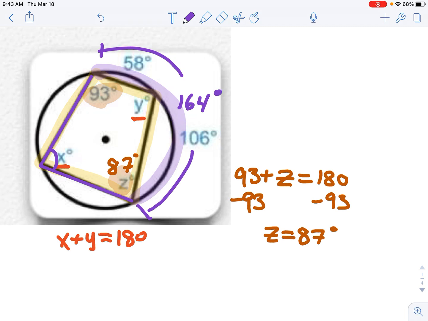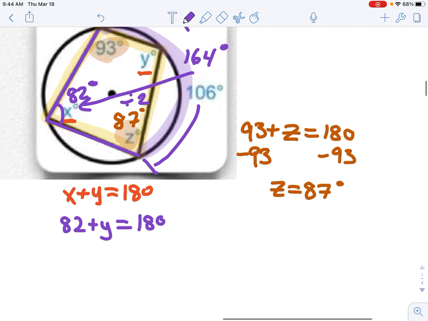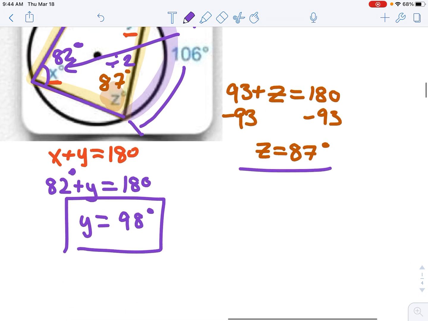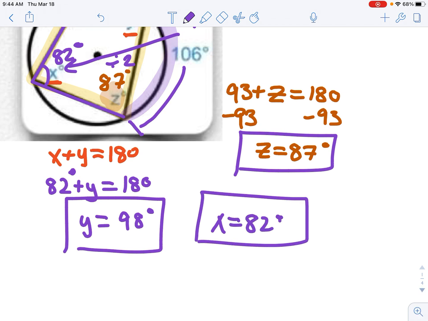So to find X, we have to divide by 2, so it's going to be 82 degrees. So X is 82 degrees, and then I can immediately find Y, which is just going to be 98 degrees. So let me circle all my answers, specifically X was 82.